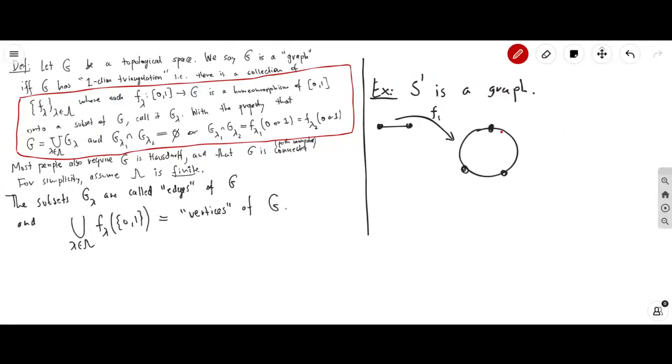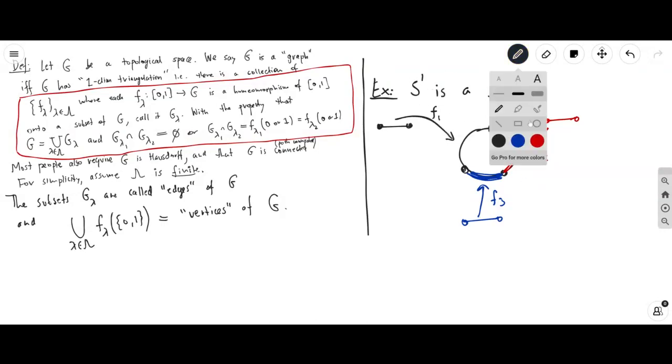Then we have another homeomorphism from this interval, the interval from 0 to 1. Let's call this F2. That's a homeomorphism. And then we have another homeomorphism mapping this interval into F3. And so let's call this G for graph. Then notice that you have three mappings, F1, F2, F3.